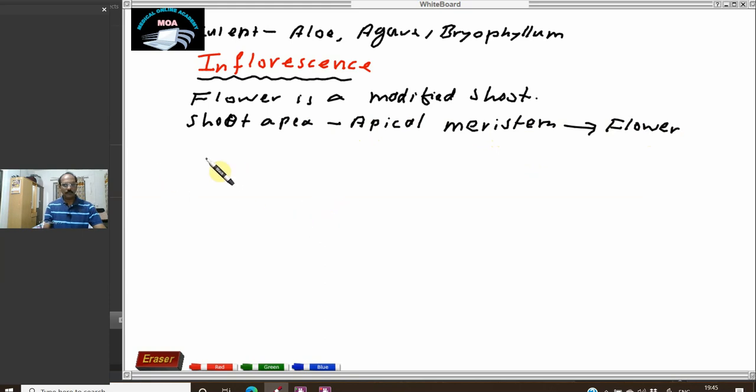When it changes into a flower, the internodes do not get elongated and the axis gets condensed.